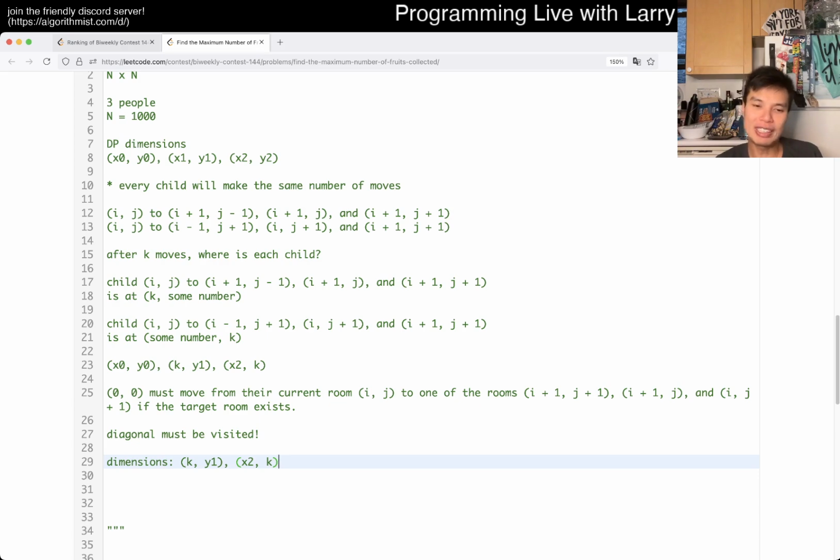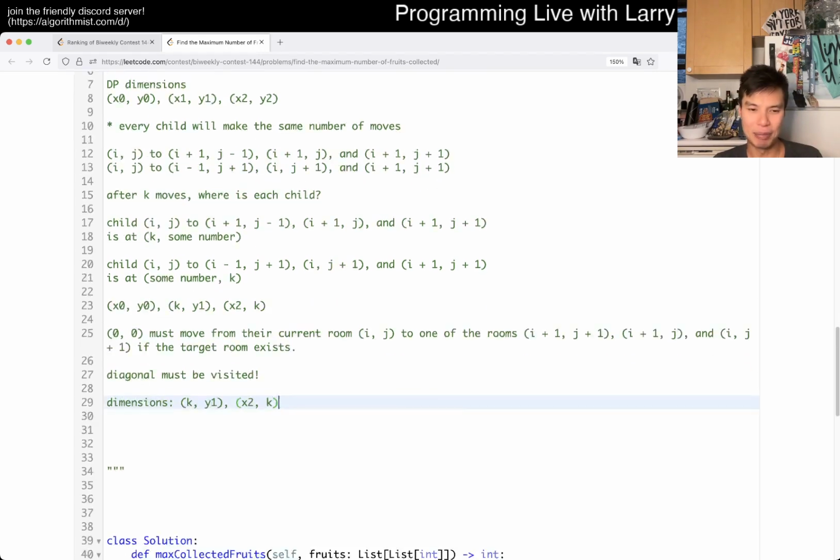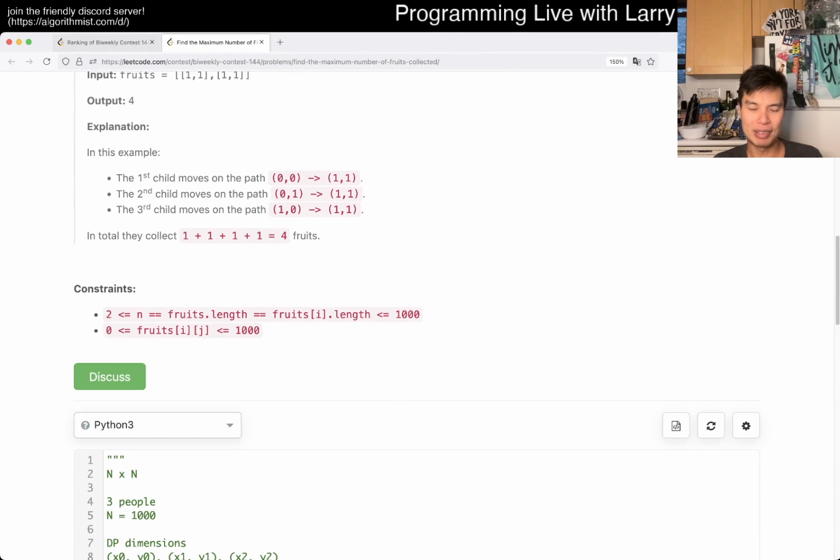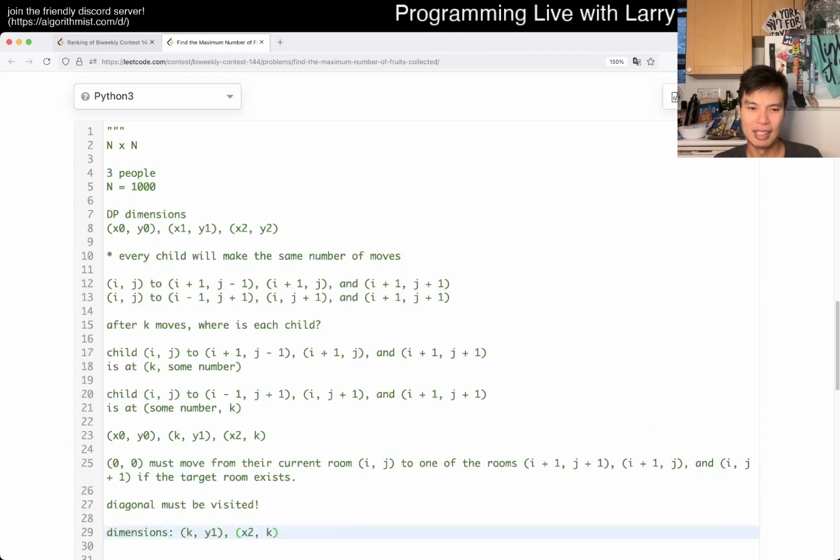And to make sure that, because it has to be visited, to make sure that the diagonal is not visited, you can probably do something, you can, I think for this problem, you could actually set the diagonal to 0, but you can also set it to negative infinity or something like that, and that'll be fine, right? I think if there are negative numbers, you should do it to negative infinity, but if 0 to 1,000, it's fine, right?